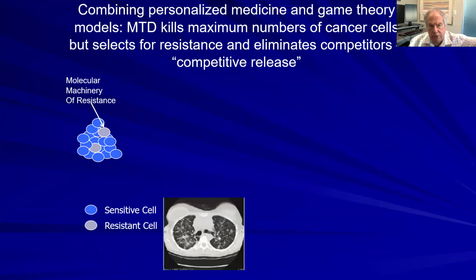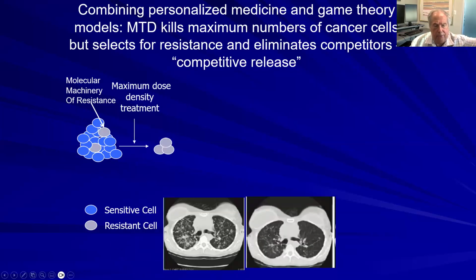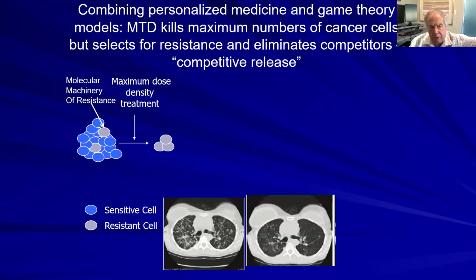So if we restate the problem and the failure to use optimal game theoretic approaches, let's assume that we start with a tumor that has a mixture of cells that are sensitive and cells that are resistant. We apply a very effective therapy. We have a great response. But you'll notice that the response is all the cells that were sensitive.